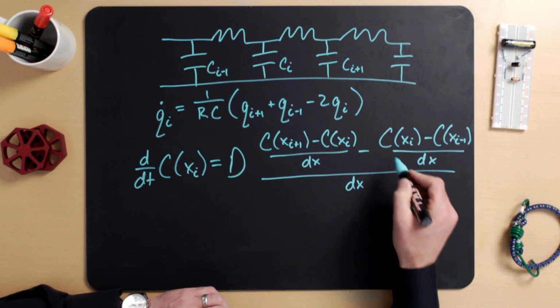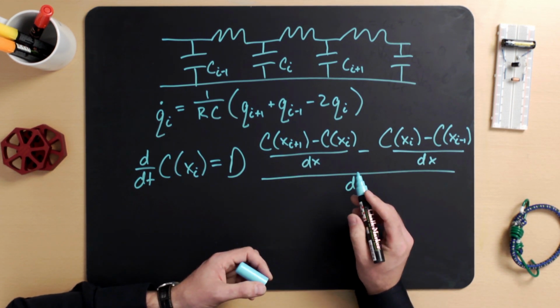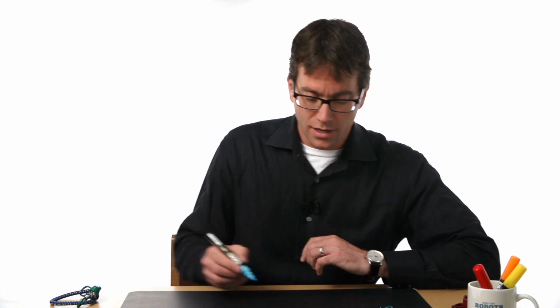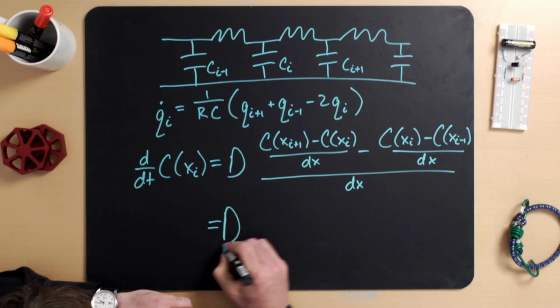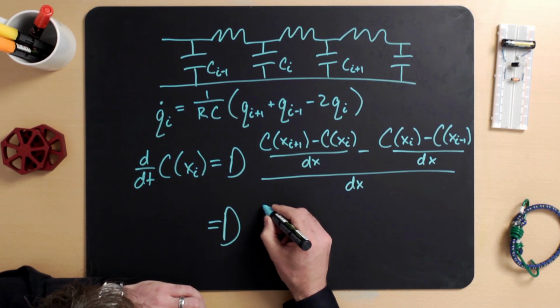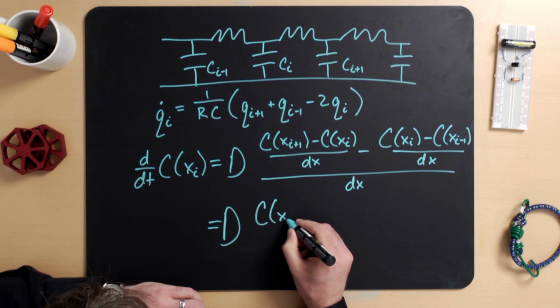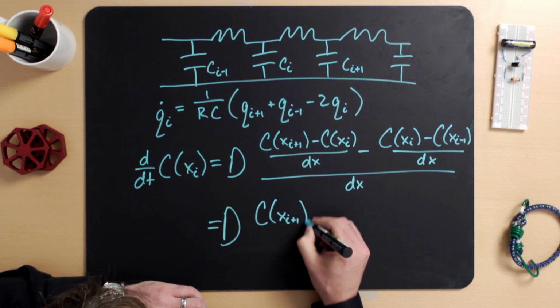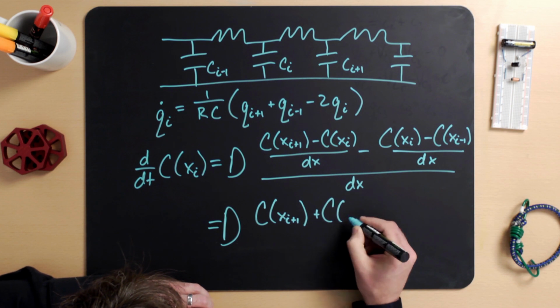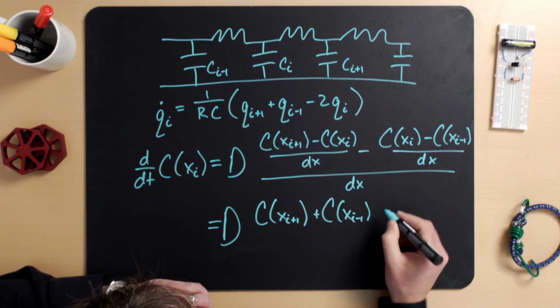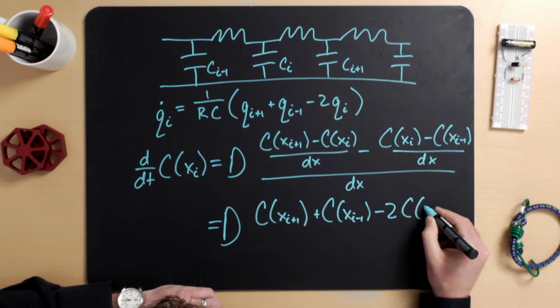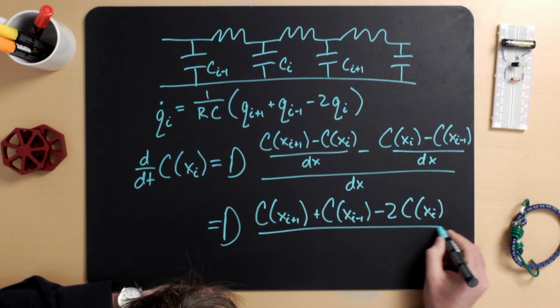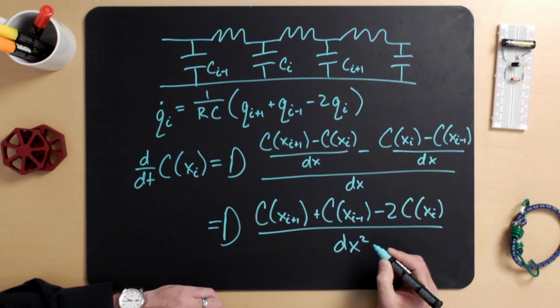This is the approximation of the second derivative of c with respect to x. Now that is equal to D times c of xi+1 plus c of xi-1 minus 2 times c of xi, all divided by dx squared.